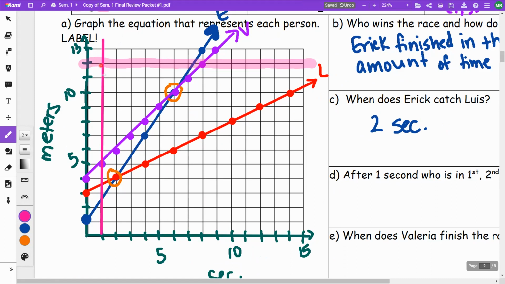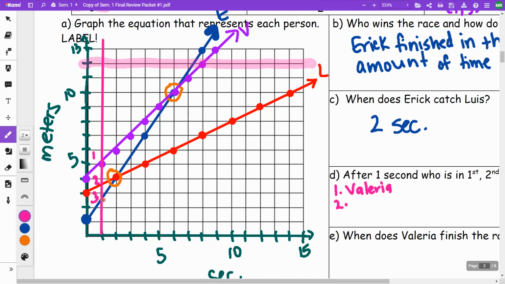And I want to see, if I follow this, who is the closest to the finish line. So this is going to be person 1. This is going to be person 2. This is going to be person 3. So Valeria is going to be first place after 1 second, then Luis, then Eric. So number 1 is Valeria.